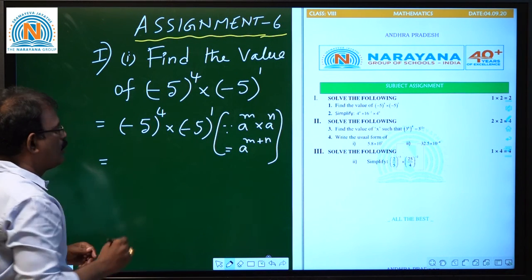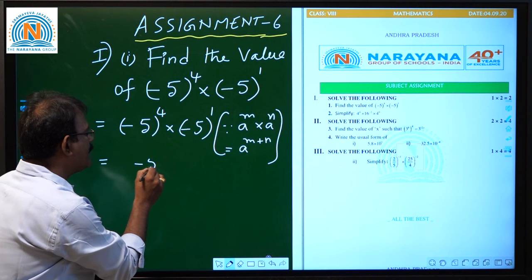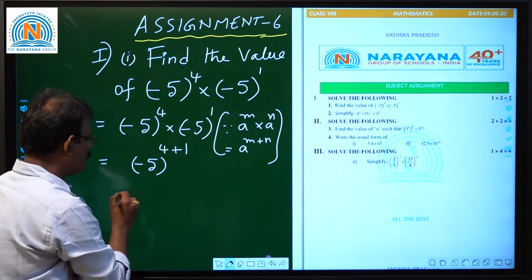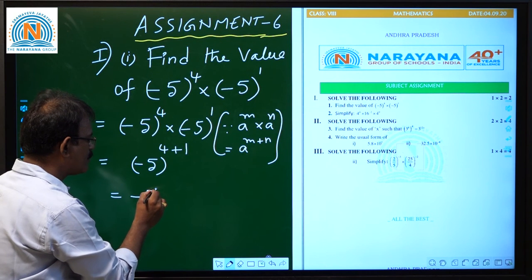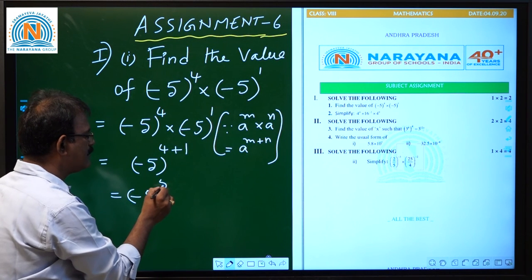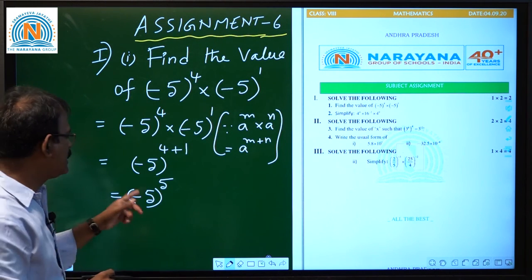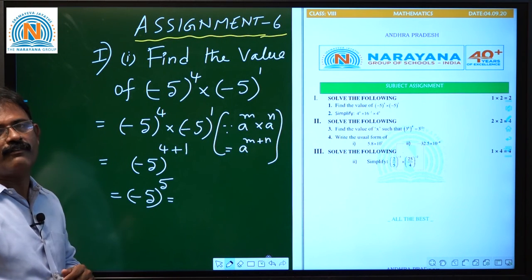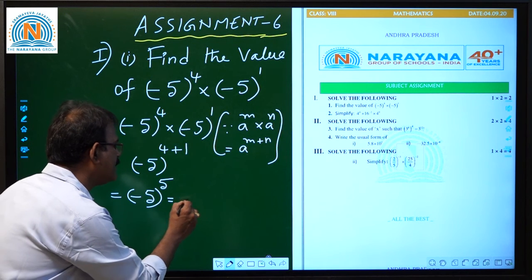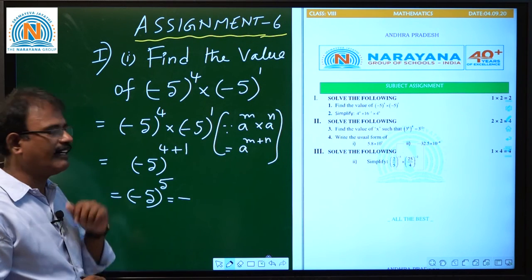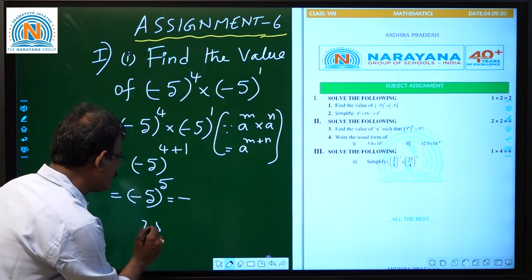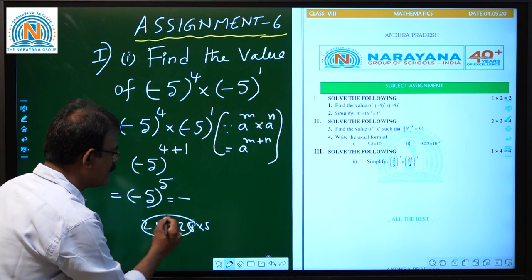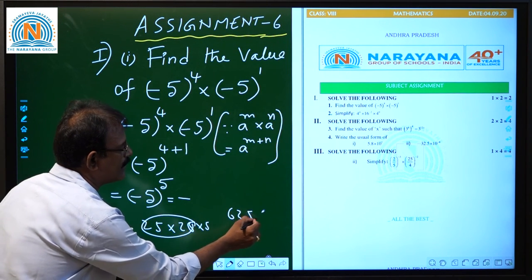From this property, -5 raised 4 times and 1 time together is 4 plus 1, so 5 times. When -5 is raised an odd number of times, it is negative. So 5 raised 5 times: 5 5s are 25 and 5 5s are 25, 1 more 5. So 25 25s are 625 into 5.